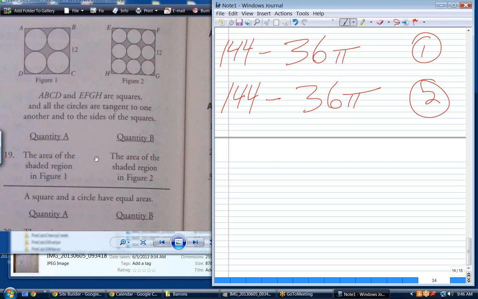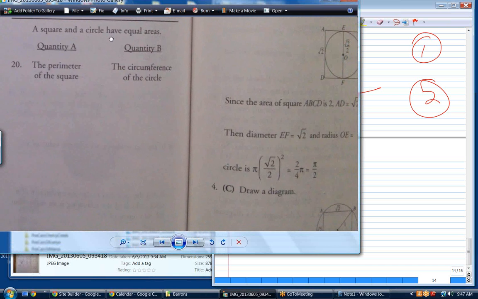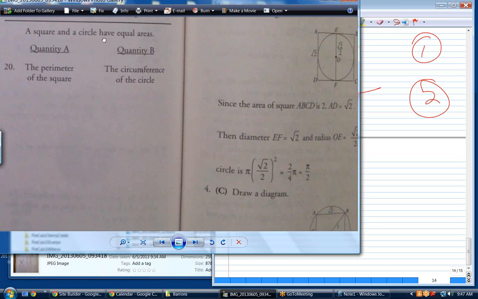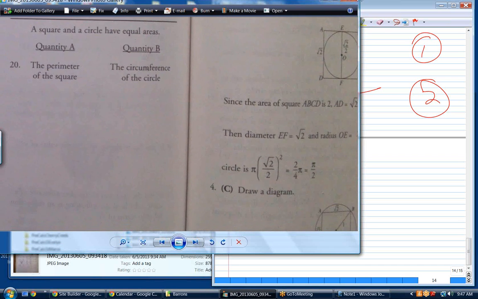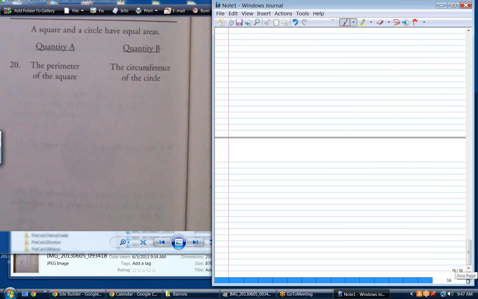I'm not sure they're ever going to give you problems where you can solve them that way. Probably not, not at this level. They're going to force you to do the math. It would be too easy if you could just look at it and solve it. So that was probably a worthless exercise anyway.